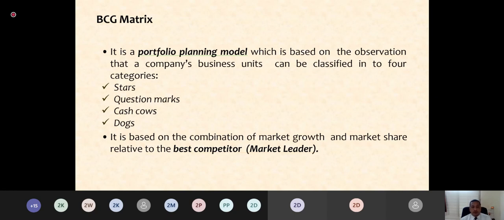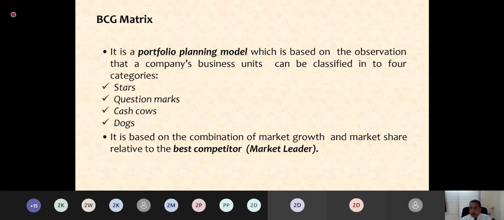So, with its relative importance, they are being put in the sequence itself with the stars, which is having the most important category of business units or product lines in the company. Then the second important category which comes is question marks. Third is cash cow, and the lowest important kind of a product line or business unit can be categorized as dogs.